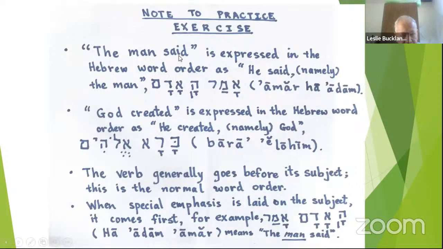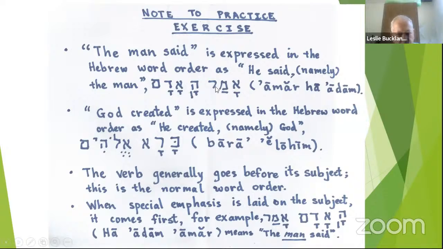Now, the man said is expressed in the Hebrew word order as he said, namely the man. So you have Amar, he said, namely Ha-Atham, the man. And it's really to be translated as the man said. Customarily, the verb comes before the noun in a sentence.